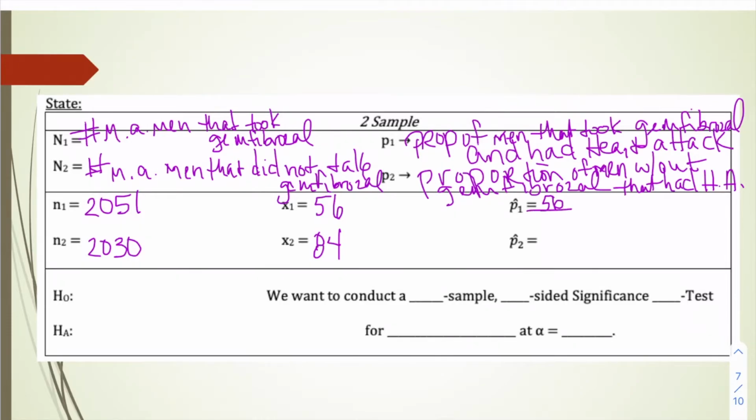So P1 hat is going to be 56 out of 2,051, which is 0.0273. And P2 hat is going to be 84 out of 2,030, which equals 0.0414.